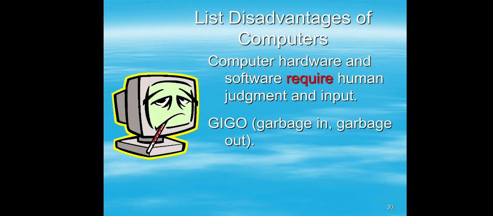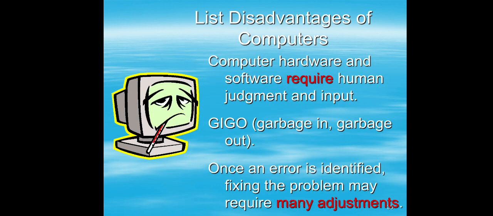But there are several disadvantages. The first one is that computer hardware and software require human judgment and input. So always remember, the software is a tool only. A person needs to do judgment and data entry. The second thing is garbage in, garbage out.